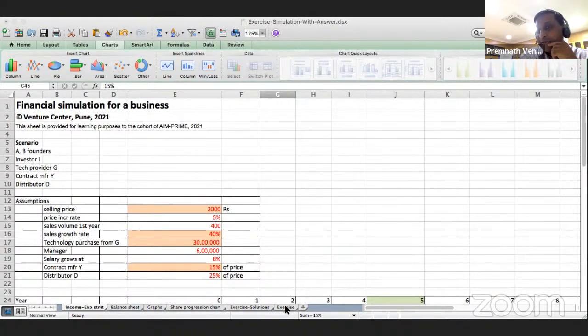Okay, so we have some matching numbers. So two people have got the first one seemingly right. Okay, Tulsi has put out all the numbers. Sales growth rate is an assumption, Sai Prasad. It's in row 16, E16.